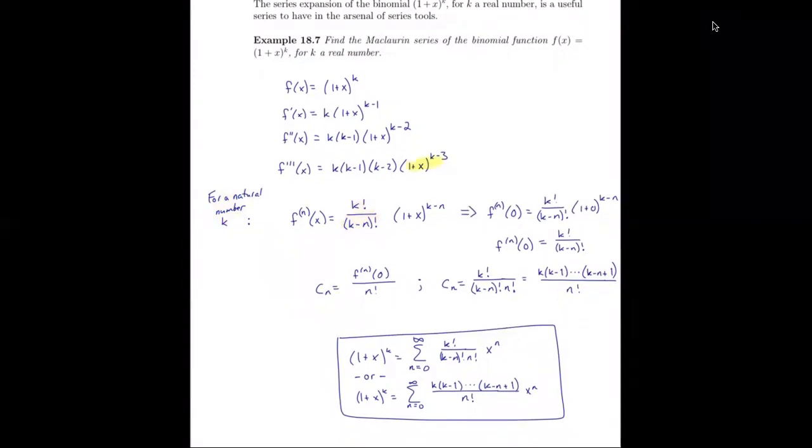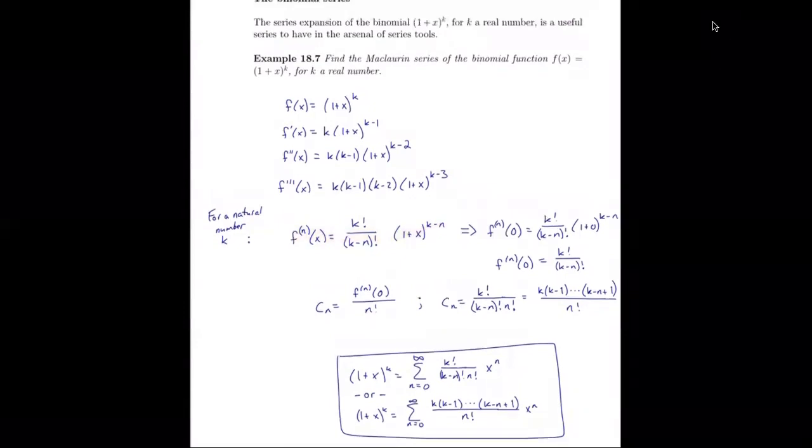We've got the 1 plus x portion to take care of, and we just note that at each derivative, k minus whatever this number is matches each of the derivative counts. So that's just k minus n for all cases. So 1 plus x to the k minus n power. So now we've got our general term for f sub n of x.